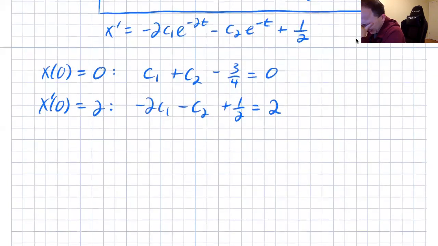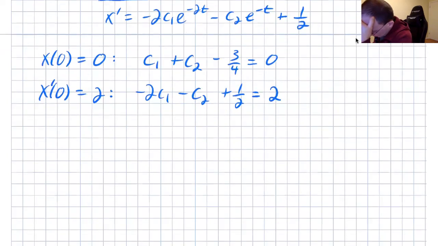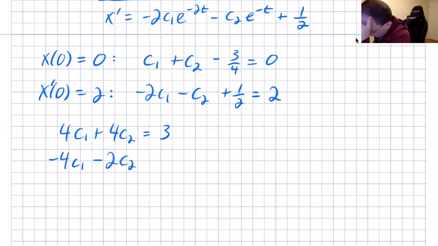All right, I'm going to multiply to get rid of these fractions. So the first equation becomes 4c1 plus 4c2 equals 3. And the second equation becomes negative 4c1 minus 2c2. And then this will become 1, and that will become 4. So it'll be 4 minus 1, which is 3.